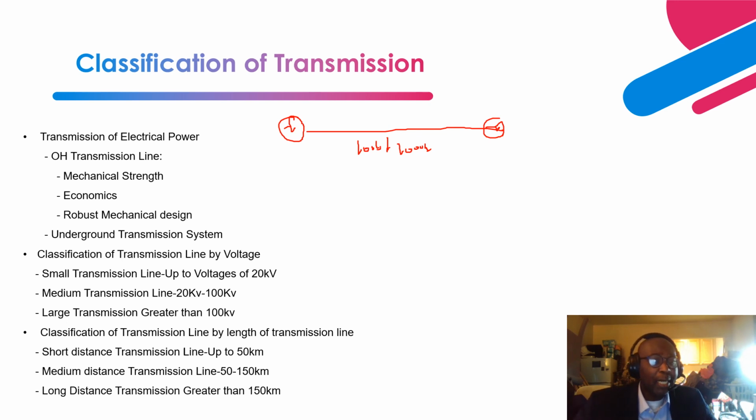So during the design of these transmission lines and towers, mechanical strength is given a deep look, so that these lines wouldn't sag due to excessive wind, excessive rain, and excessive ice as they are in service.